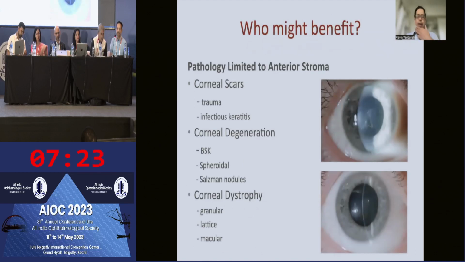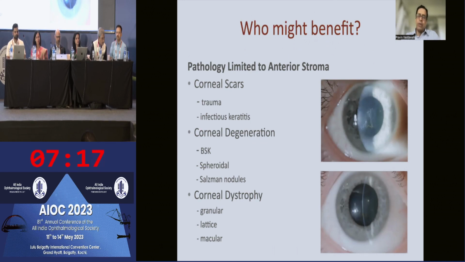So the kind of patients who might benefit from superficial anterior lamellar keratoplasty, which is called SALK for short, to differentiate it from deep anterior lamellar keratoplasty or DALK, is a surgery that is limited to the anterior stroma of the cornea. Technically, any surgery that does not reach up to the Descemet's or the pre-Descemet's layer can potentially be called SALK.